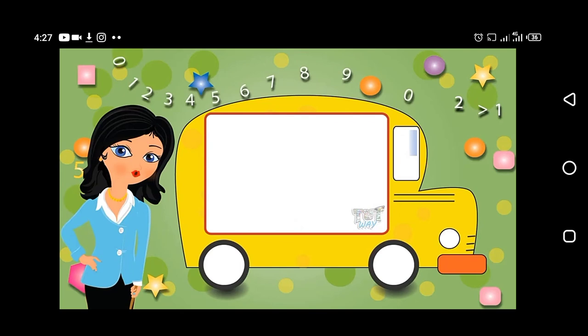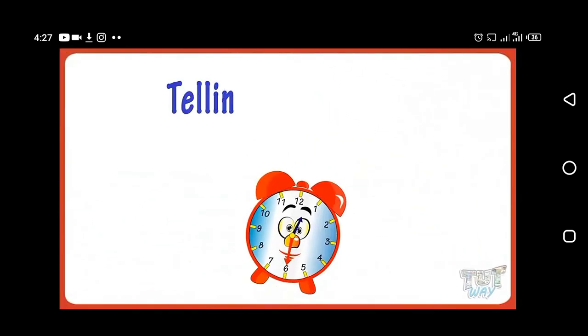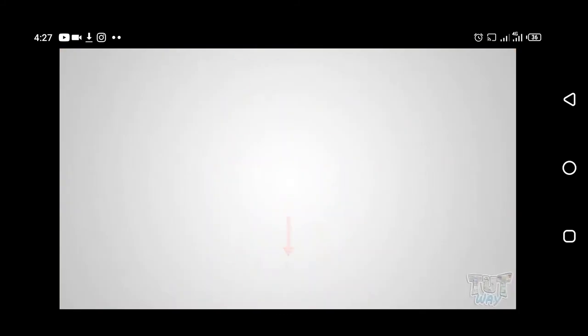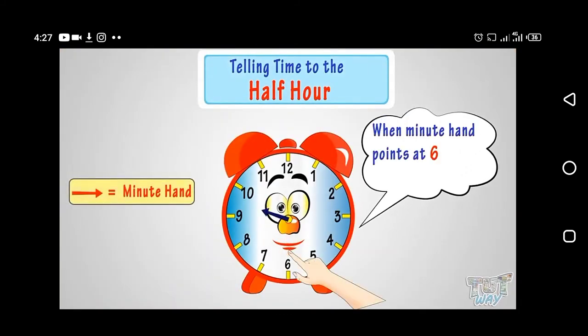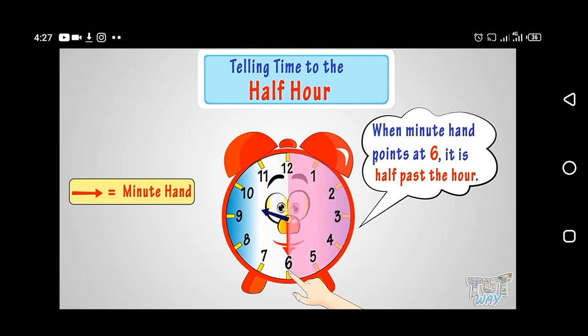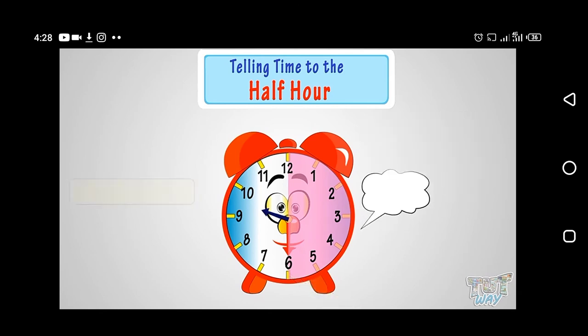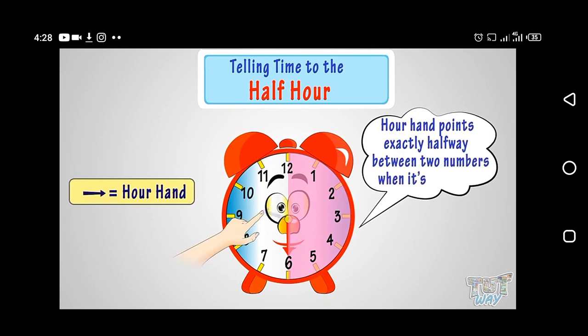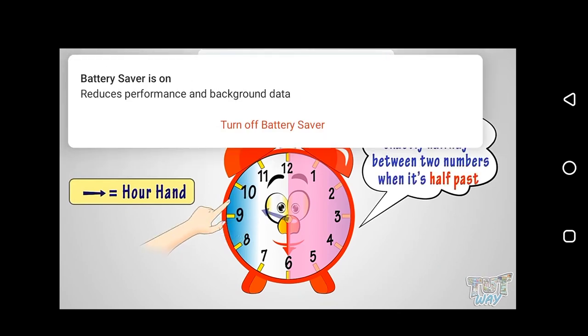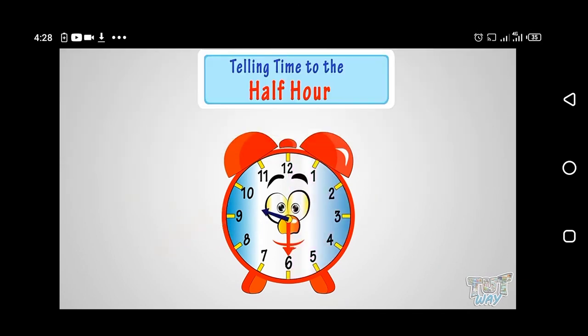Hi, kids! Now we will learn telling time to the half hour. When the minute hand points at 6, it is half past the hour because the minute hand has moved halfway around the clock by then. Also, the hour hand points exactly halfway between two numbers when it's half past. Okay, let's try to figure out what's the time in this analog clock.